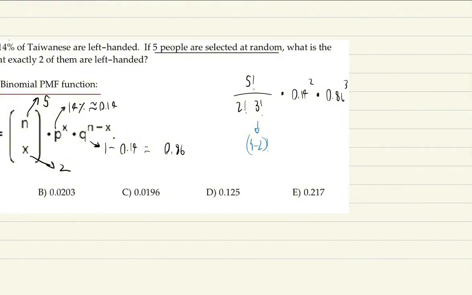This is 5, 4, 3, 2, 1 over 1, 2 and 1, 2, 3.